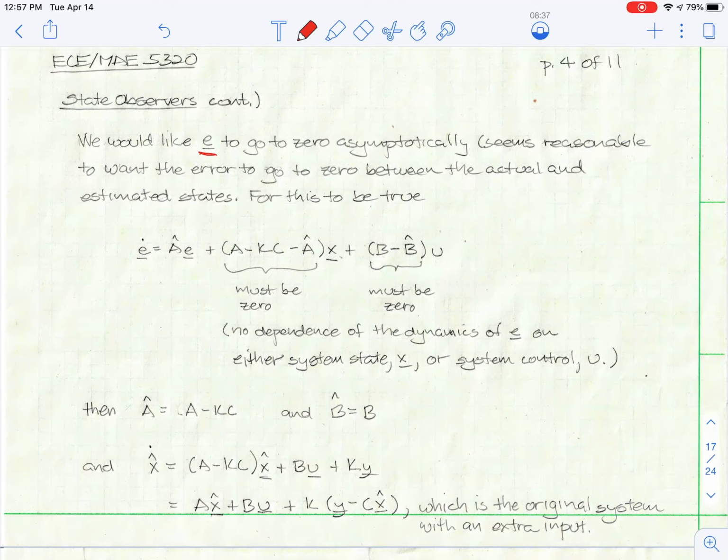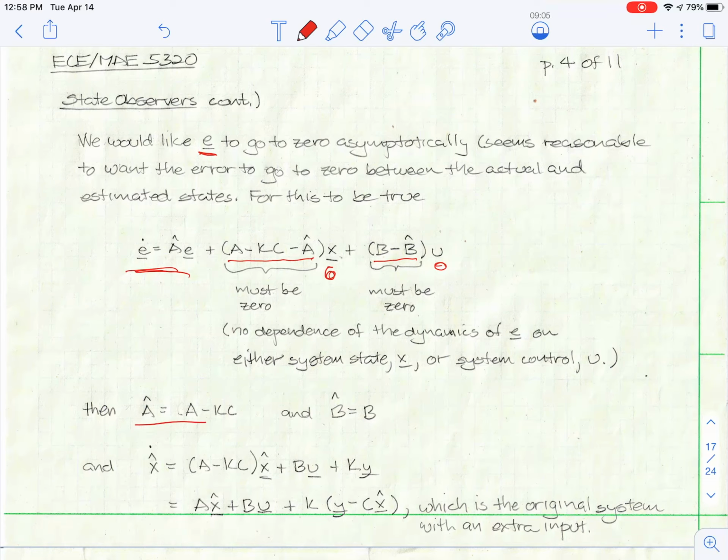So if I look at the dynamic equation for the error, this set of matrices has to be 0, and that set of matrices has to be 0. This means that the dynamics of e has no dependence on either the system state, right there, or the control input. And so by forcing those to 0, I can do that.